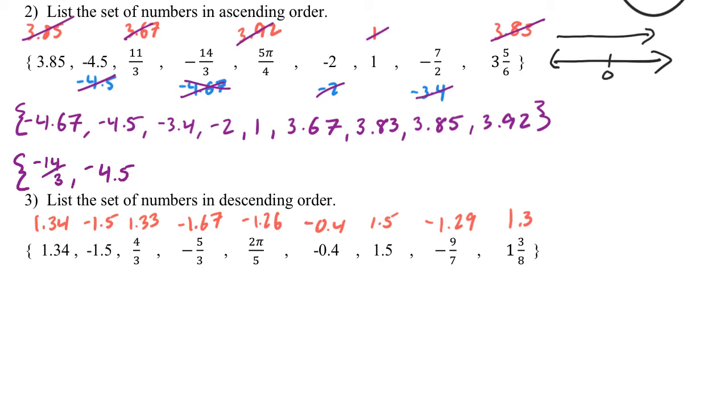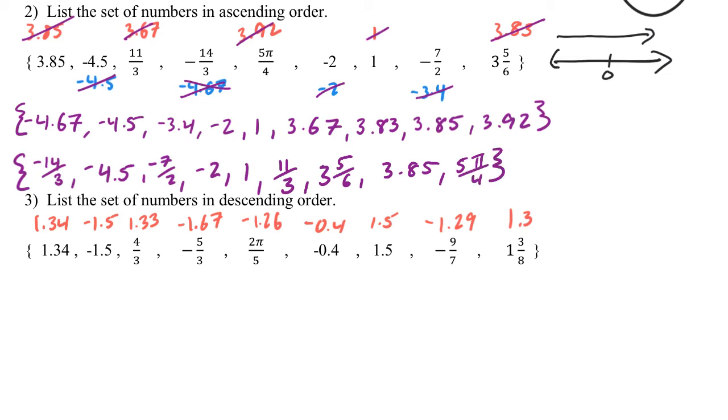Negative 3.5 was negative 7 halves. Negative 2 was just negative 2. 1 was just 1. 3.67 was 11 thirds. 3.83 was 3 and 5/6. 3.85 was just 3.85. And 3.92 was originally 5 pi over 4.